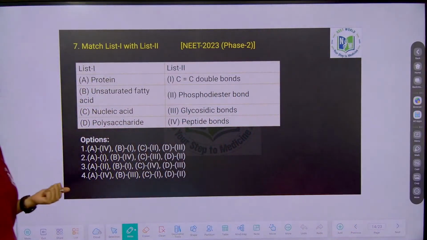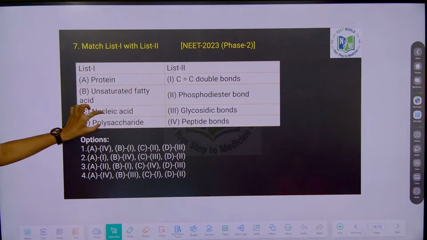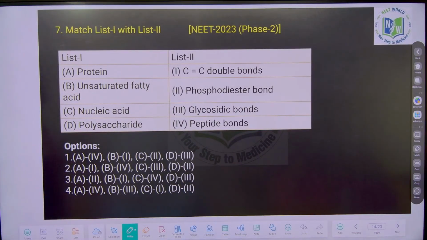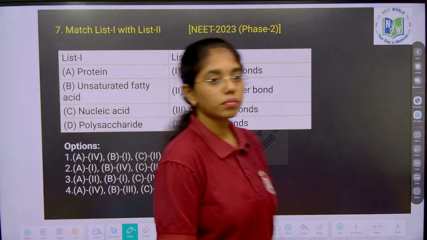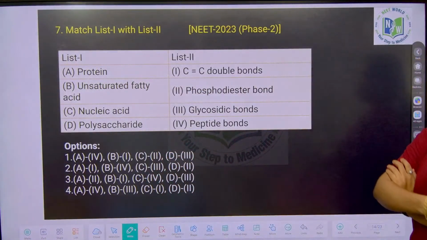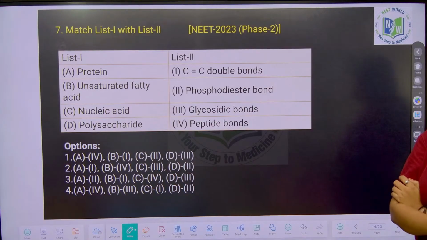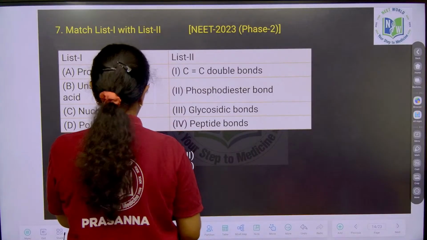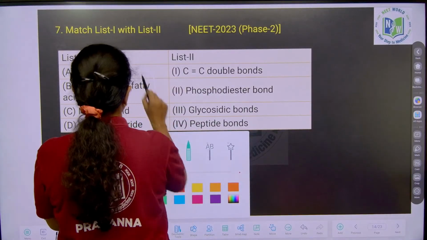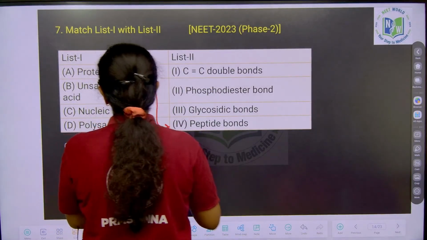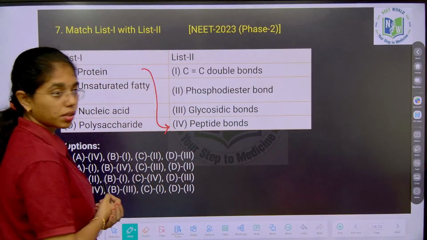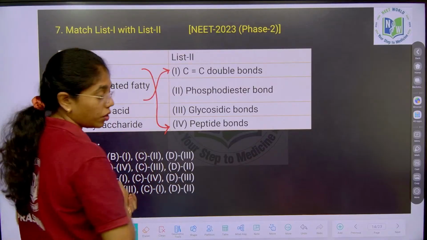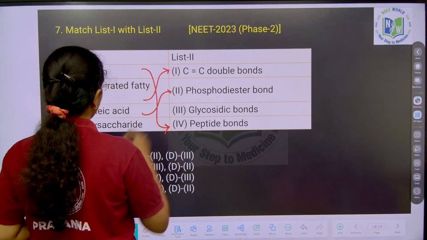Any doubts? Protein, peptide bond. Unsaturated fatty acids, C double bond C. Nucleic acid, phosphodiester bond.